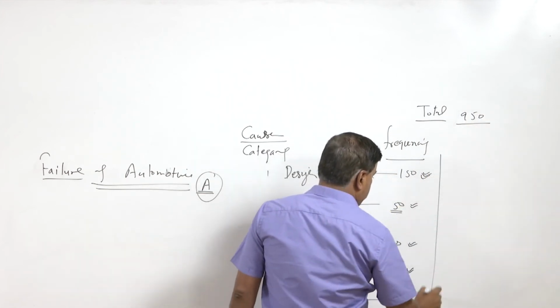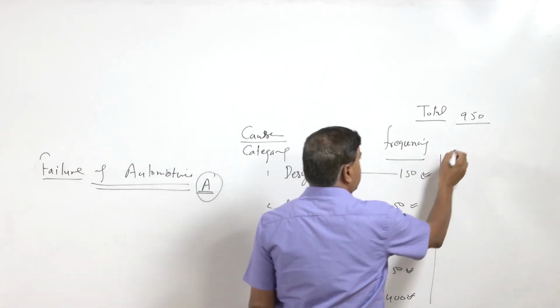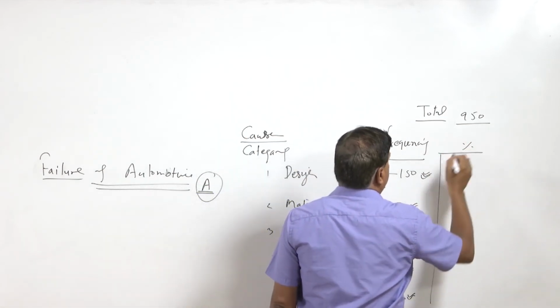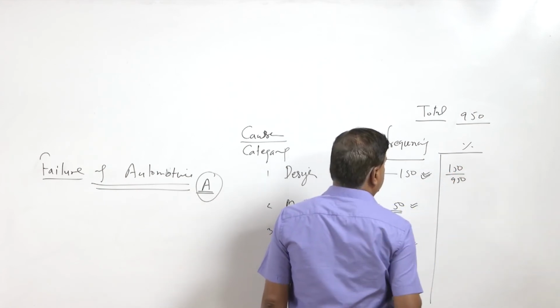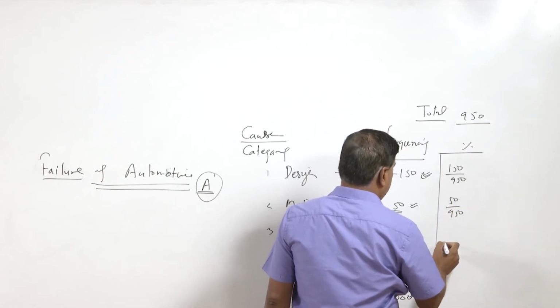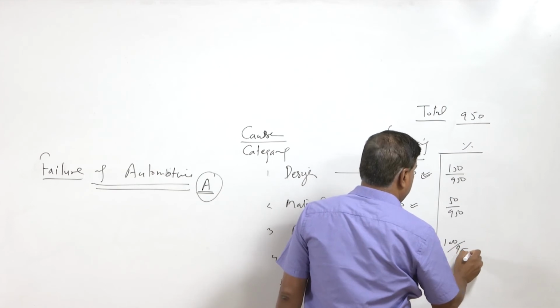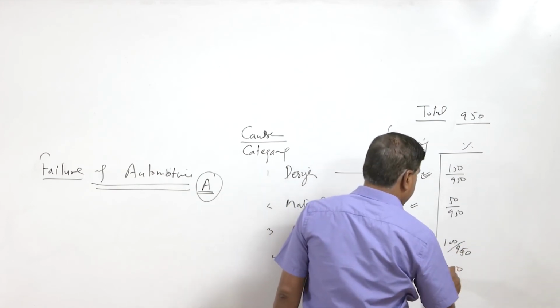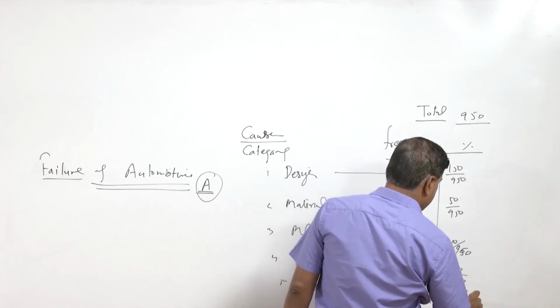Now, we need to identify the percentage contribution due to each particular category. So here, 150 divided by 950, 50 divided by 950 and 100 divided by 950. Likewise, 250 divided by 950 and 400 divided by 950.